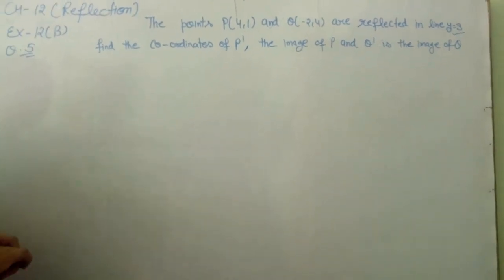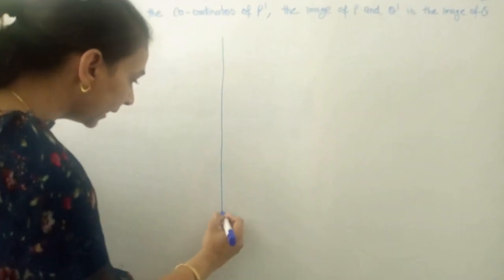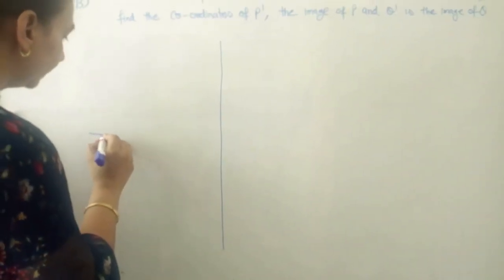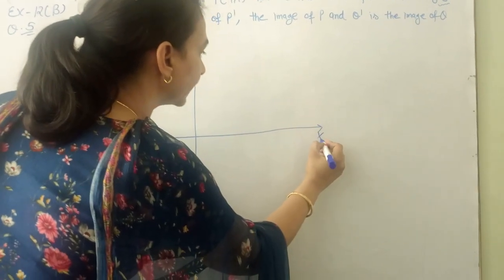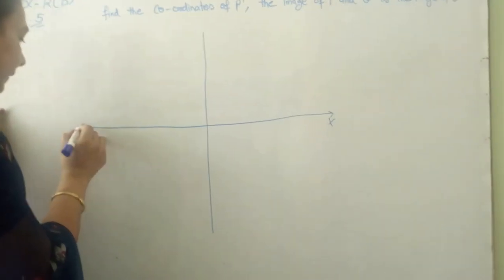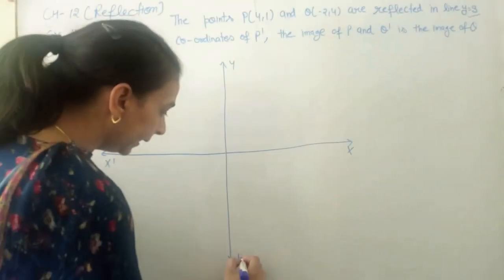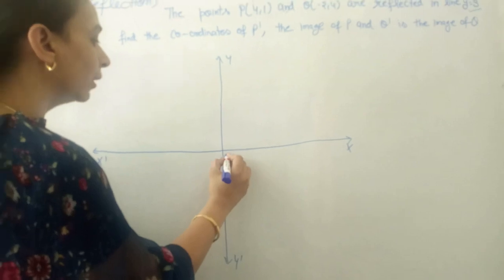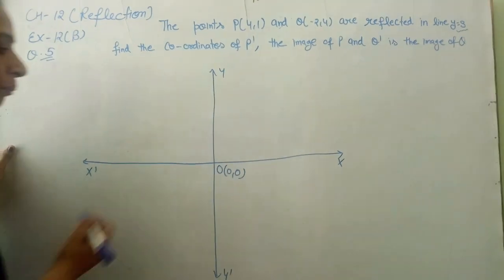Student, first we draw x axis and y axis, X dash, Y dash, and this is the point of origin, coordinate of origin 0, 0.